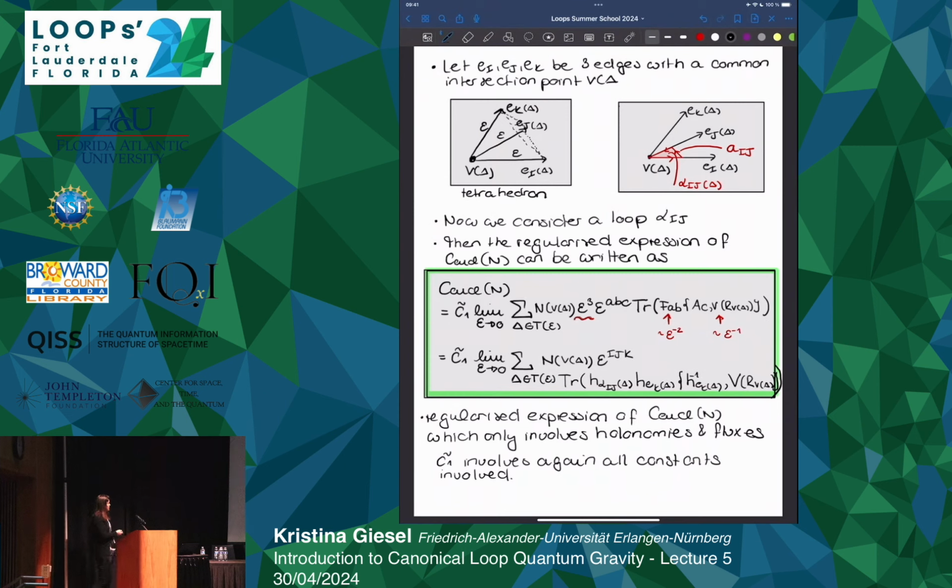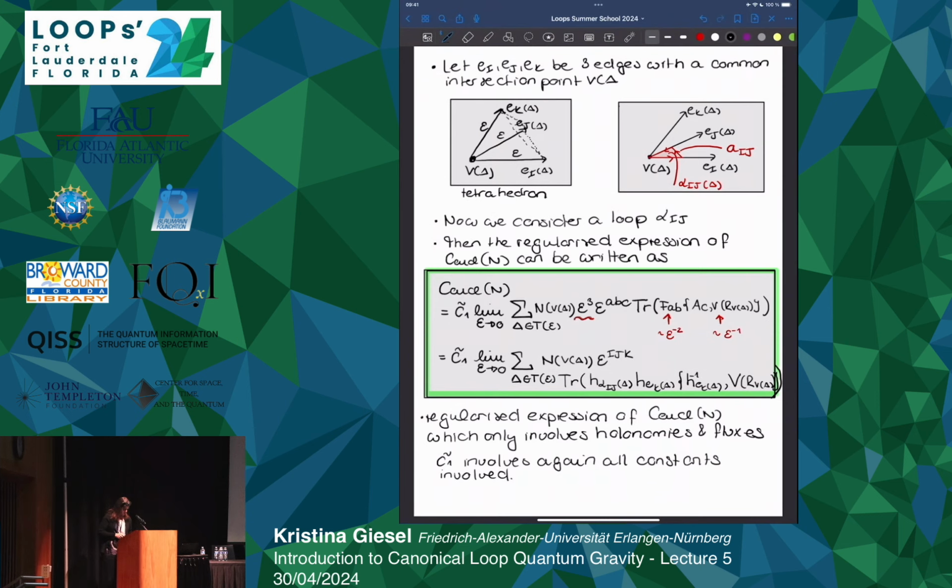And we end up with a term which includes only holonomies and fluxes here in the volume, where all epsilons are gone. Now, the triangulation, in a sense, still depends on epsilon, for which this limit, in a sense, still makes sense.